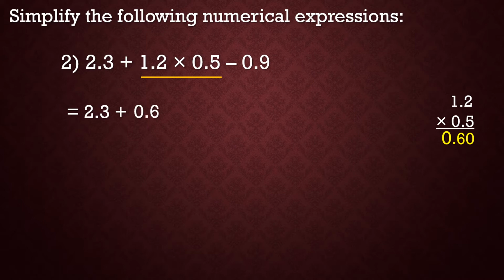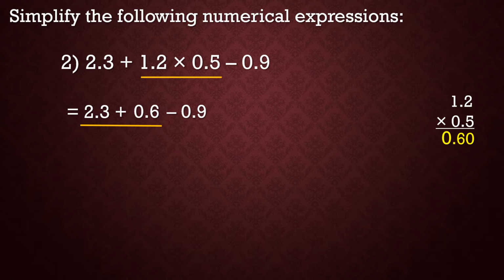Because there is no value of 0 after decimal. Then write minus 0.9 as it is. Now we have 2.3 plus 0.6 minus 0.9. So we have addition and subtraction. So what we have to solve first? Addition or subtraction? Yes, addition. Because according to DMAS, while moving from left to right, carry out addition or subtraction whichever comes first.